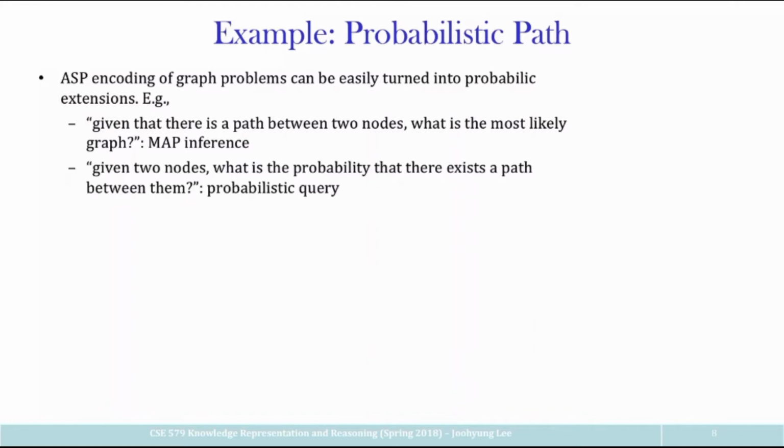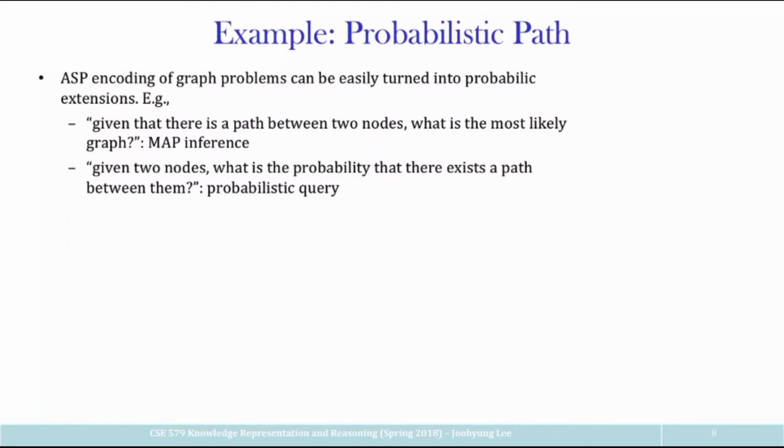Also, you can say that given two nodes with certain probabilities of the edges, what is the probability that a path exists between them? We are going to see some more specific examples, but for now, this is the kind of query that you want to do in the probabilistic setting.